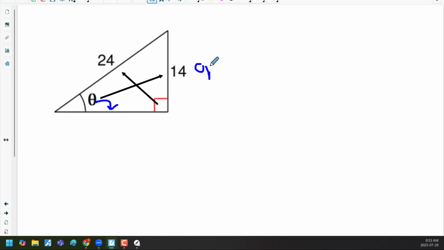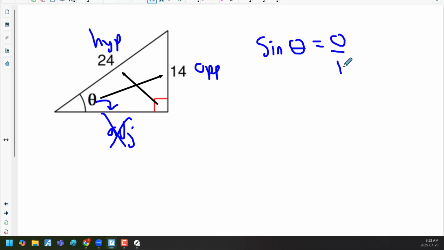We know this is opposite, this is hypotenuse, and this is adjacent. Adjacent is not going to be part of the formula because it's blank, but opposite and hypotenuse are. So this is most likely going to be sine theta equal to opposite over hypotenuse. Sine theta is equal to 14 over 24.